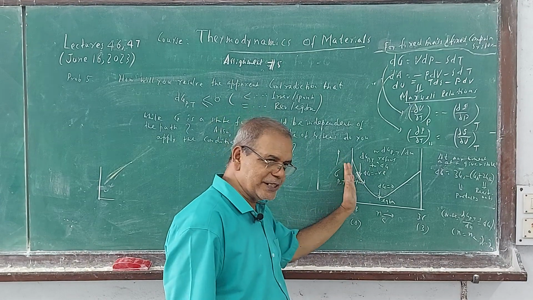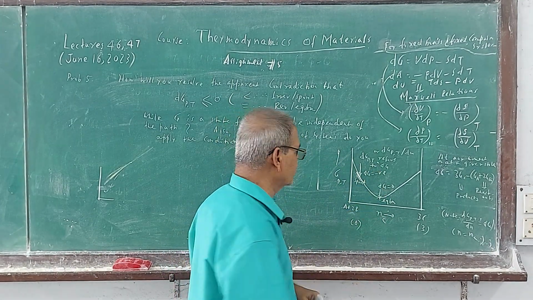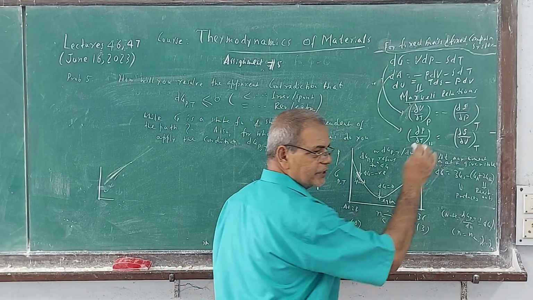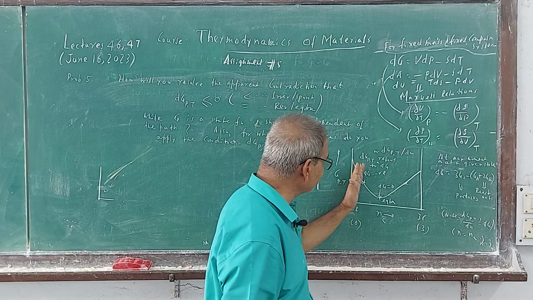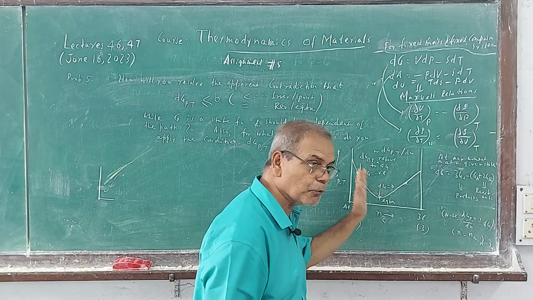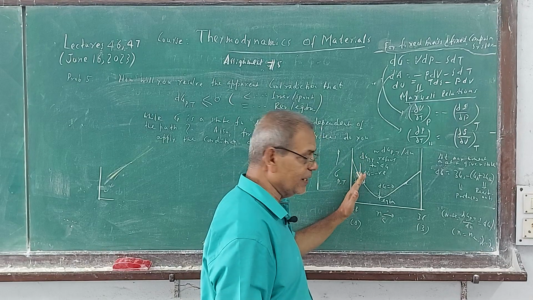Is the slope negative? Slope is 0 at this point, and slope is positive after. What is the meaning of negative? DGPT negative means irreversible, spontaneous.